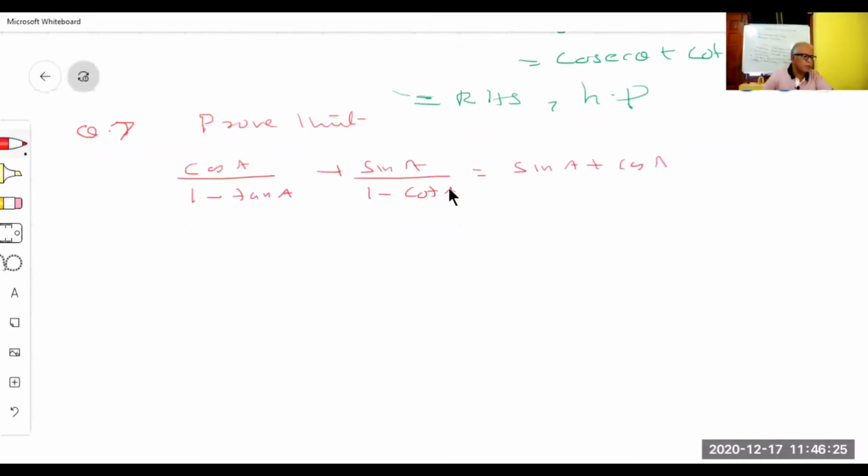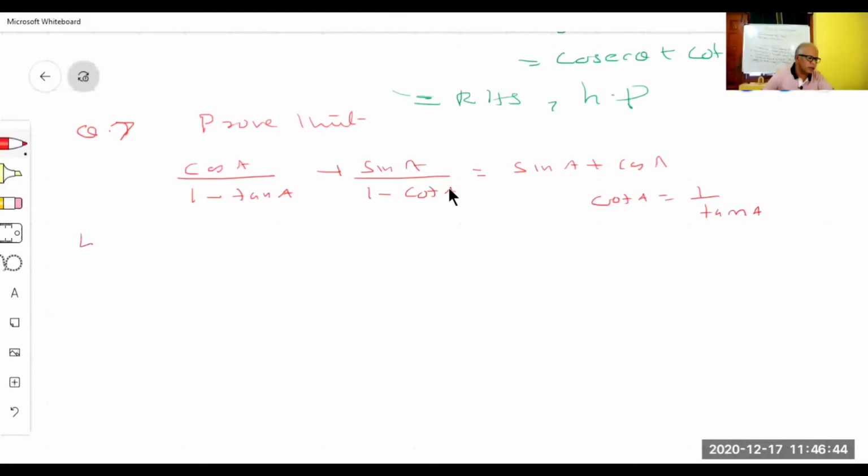You can do sin A by cos A, cos A by sin A, that you may try. I'll put cot A is equal to 1 by tan A. You can of course put sin A by cos A, cos A by sin A.